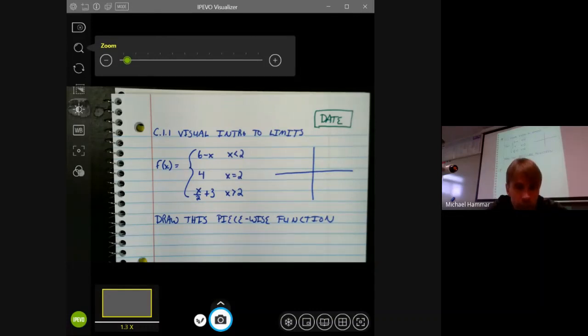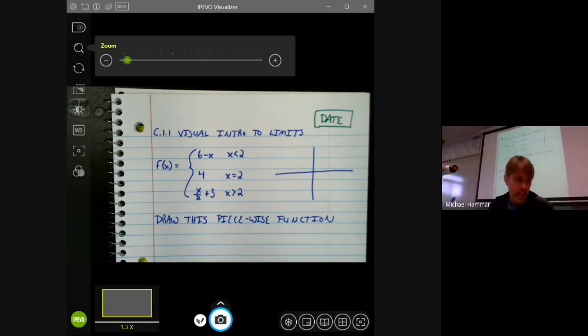Okay, so right now you should be seeing a piecewise function. So what I'd like you to do is pause the video, look at and draw this in your notebook. I'm setting up the page as I have set up here, and then draw this piecewise function. Okay, so go ahead, pause the video and start.